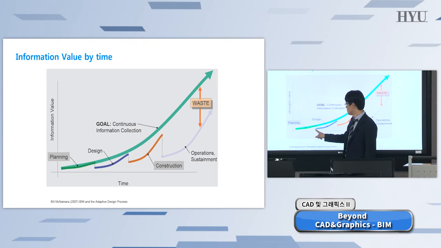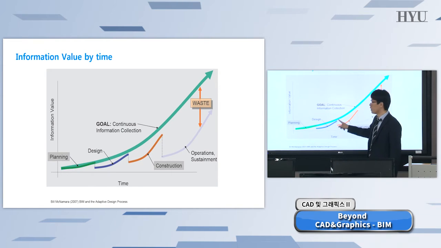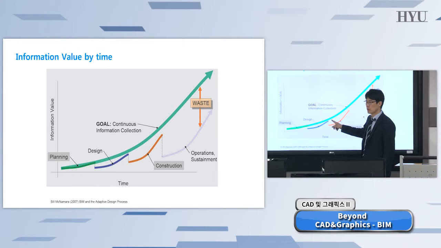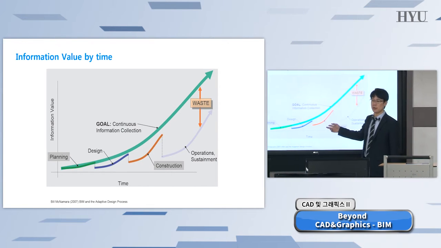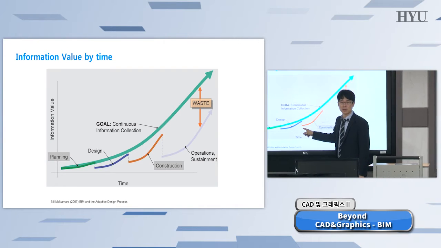So some missing information. Designers, architect firms, whatever it is, they are going to design and accumulate their information. But in construction phase, the construction company is going to be in charge of some construction documentation and planning and so on. So another missing information.